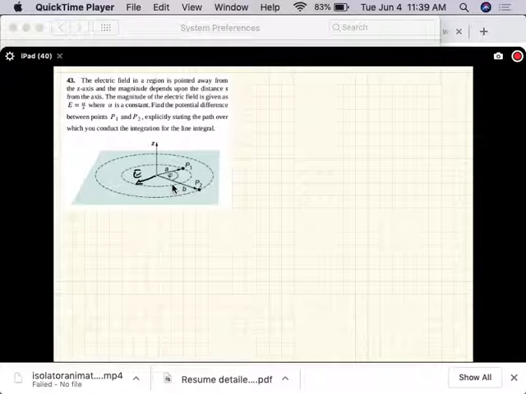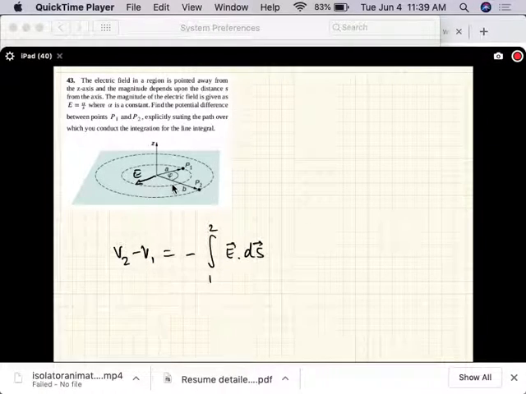Okay, so if you check your notes, V2 minus V1, the potential difference between points 2 and 1, is given by minus the integral from 1 to 2 of E dot ds, this line integral. And you can take the line integral along any path. Since it's a conservative force, the value of the line integral will be the same.